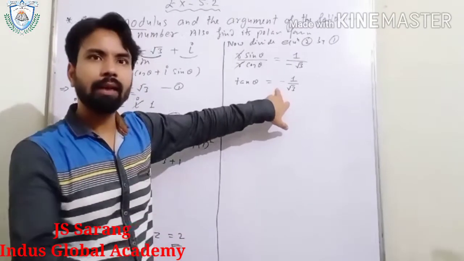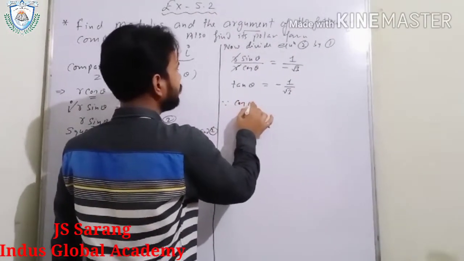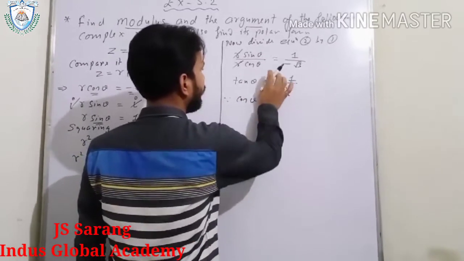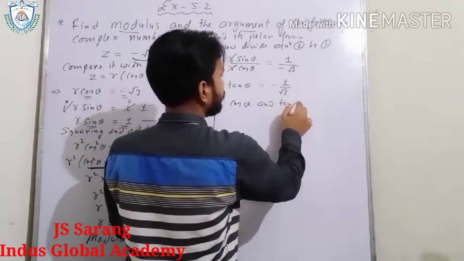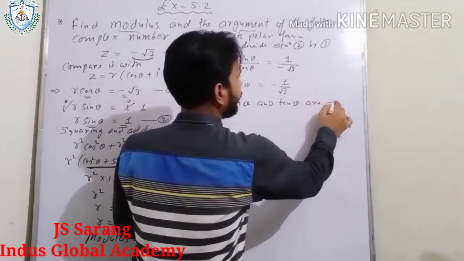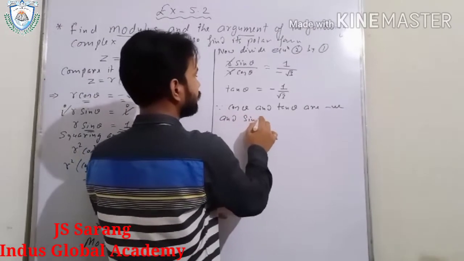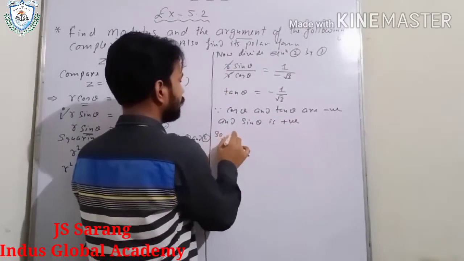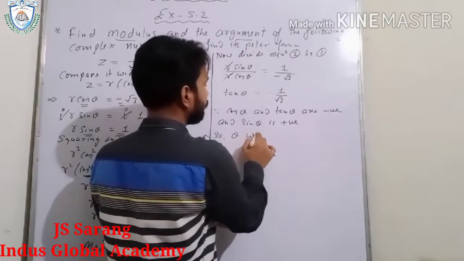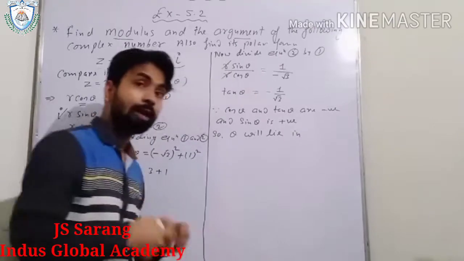So where will theta lie? Since cos theta and tan theta are negative and sin theta is positive, theta will lie in which quadrant?